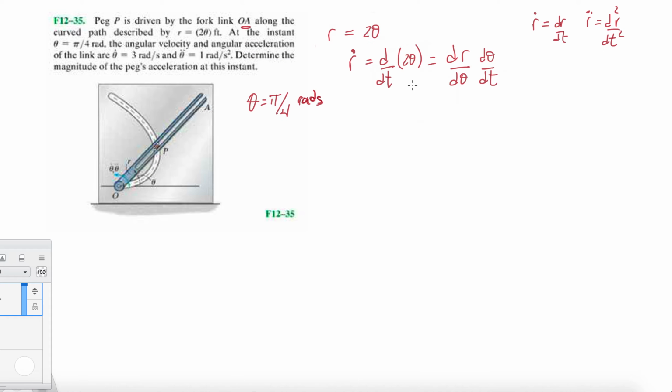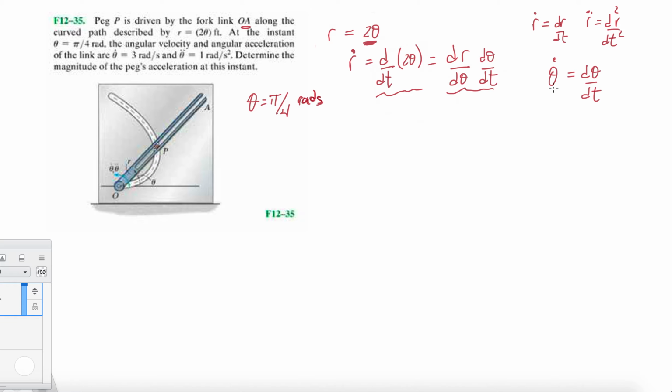We can use the chain rule here just like this. We know dr d theta is something we can get by taking one derivative with respect to theta of this equation, and d theta dt is just theta dot.